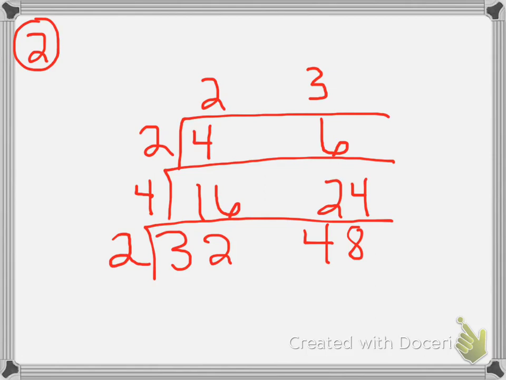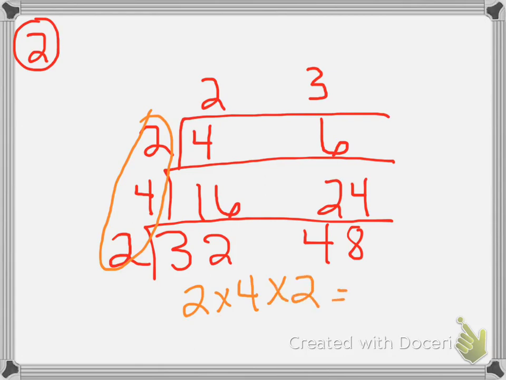Let's find our greatest common factor by multiplying the numbers on the side of our ladder. 2 times 4 times 2 equals 16. So the greatest common factor of 32 and 48 is 16.